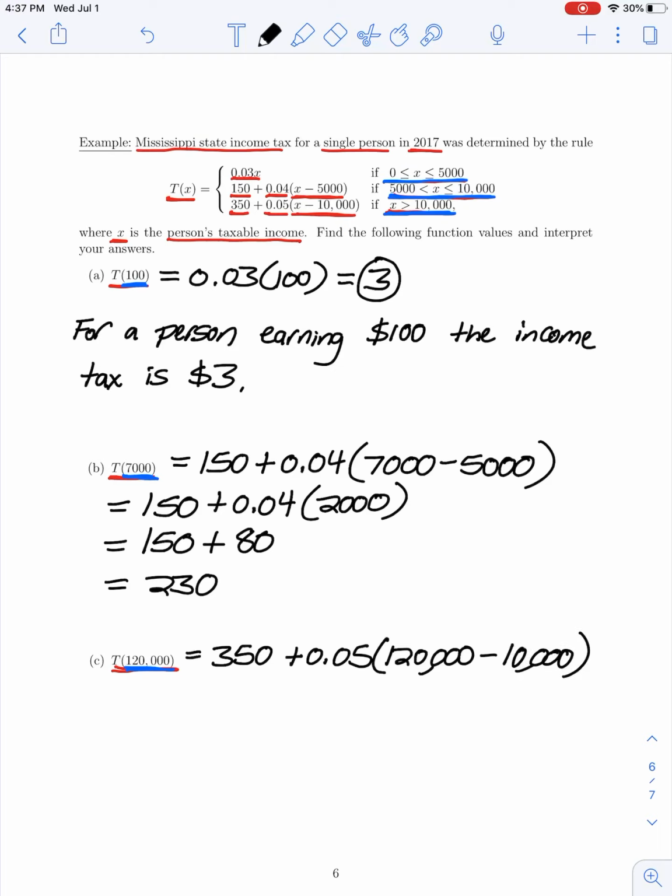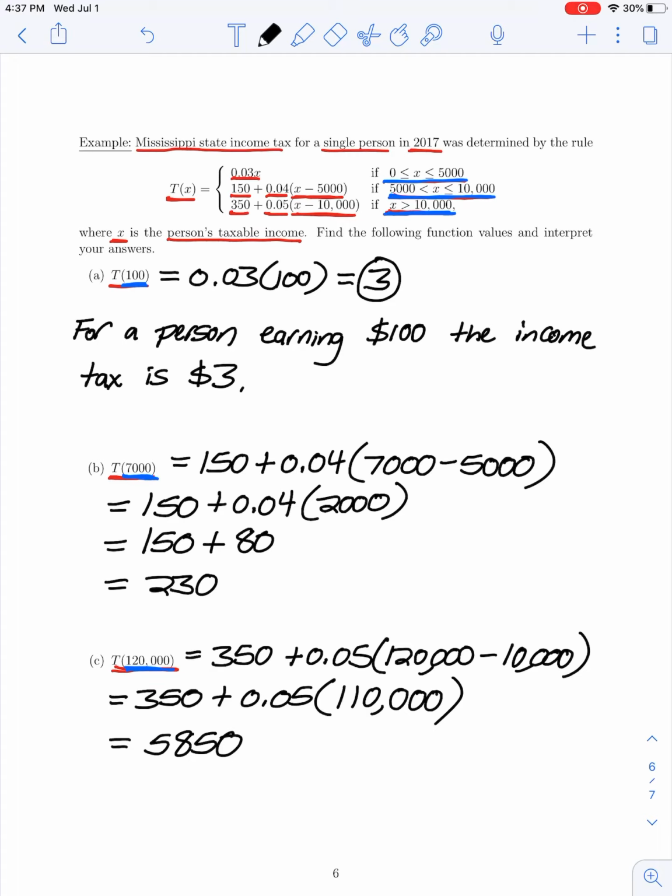minus 10,000. So simplifying, we are left with 350 plus 0.05 times our 120,000 minus 10,000, which leaves us 110,000. And so we are left with 5,850 for our value.